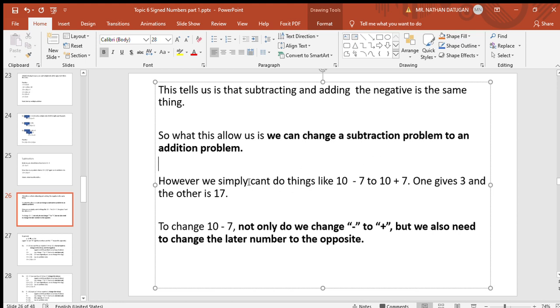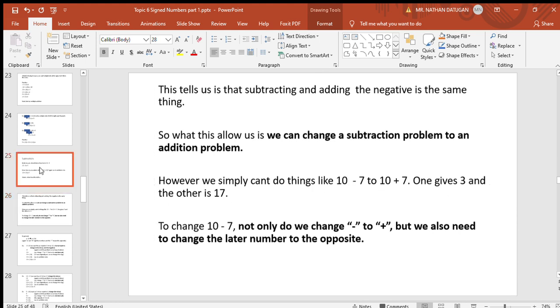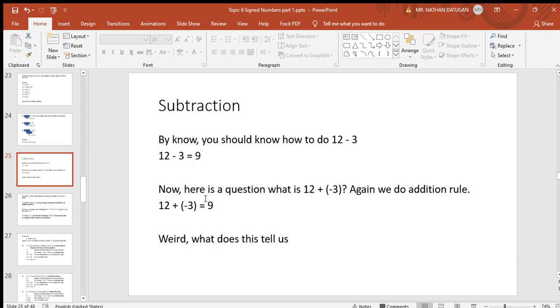However, we simply cannot go from 10 minus 7 to 10 plus 7, right? We cannot do that. 10 minus 7 will give you 3, 10 plus 7 is 17.